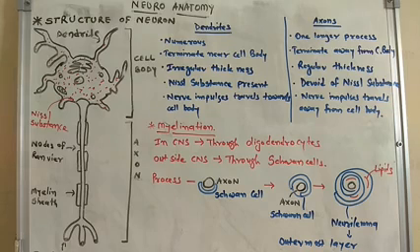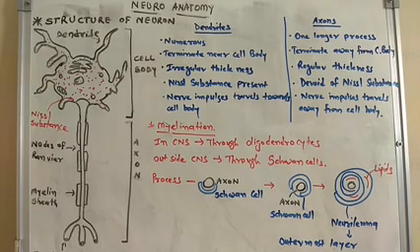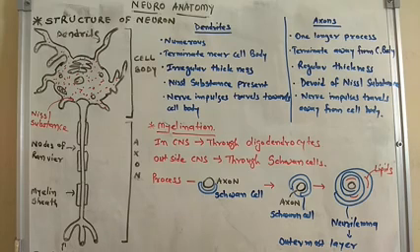Actually, in the central nervous system, myelination is done by a different type of cell, the oligodendrocytes, whereas outside the central nervous system, myelination is done by the Schwann cells. So in this process, first of all, the axons come close to the Schwann cells.